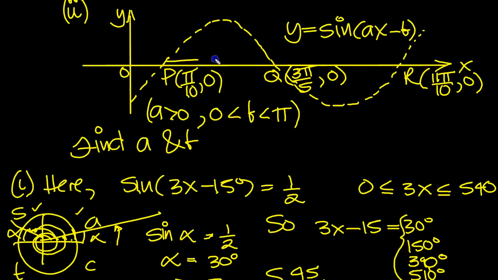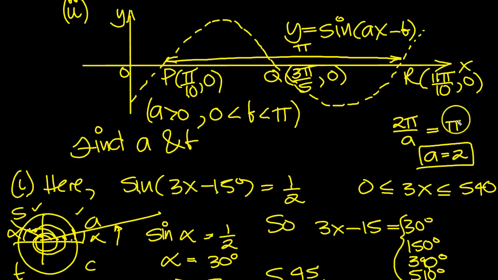From here to here is one period, and that would be pi over 10 to 11 pi over 10, which is pi. So the period is pi. The period here is 2 pi over a. So that equals pi, which tells us that a is equal to 2.